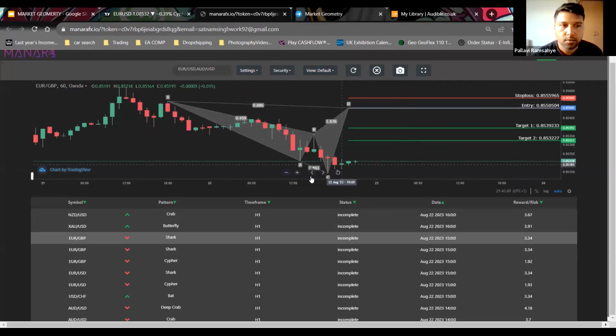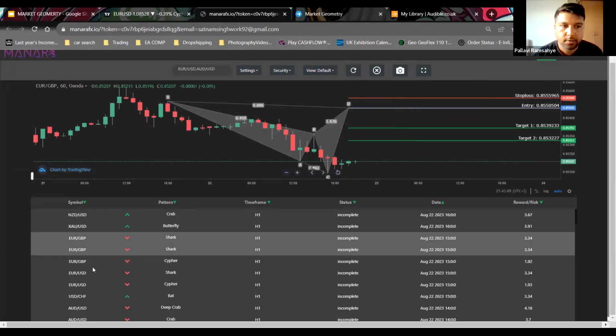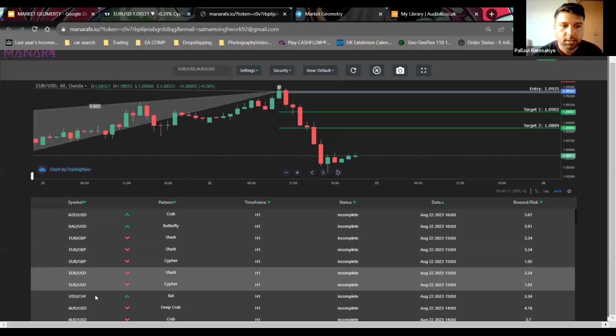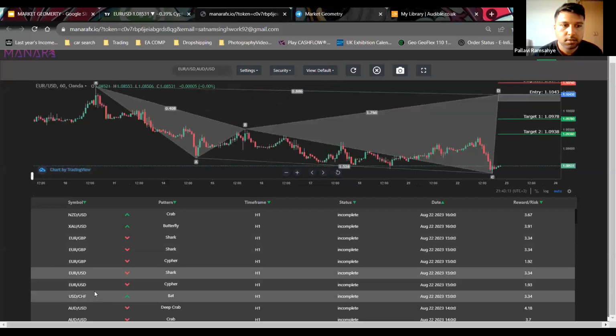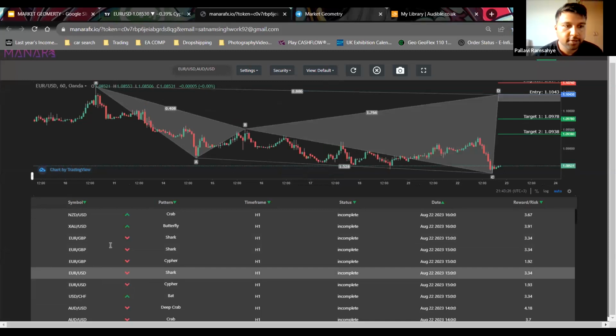So let's go with, let me see this one, Euro USD. Okay, this is a good one for us to look at. I'm going to show why it could reject from there. So Euro USD is a shark pattern, bearish.